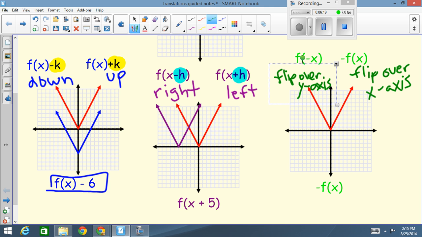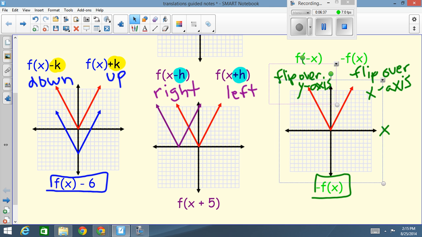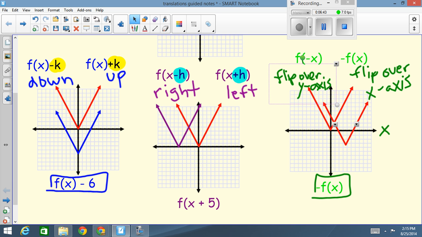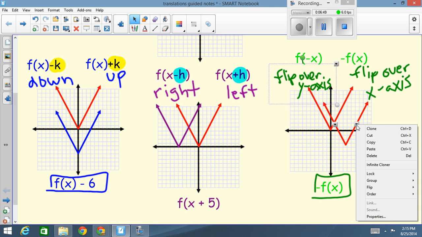Okay, so here we go. In this case, the one that we're looking at is the negative f of x, where the negative is in front of the f of x, so we want to flip this thing over the x-axis. Well, here's our x-axis. Hopefully I'll be able to do this, but I'm going to go ahead and clone this. And now I'm going to take this and rotate it, if it'll let me.